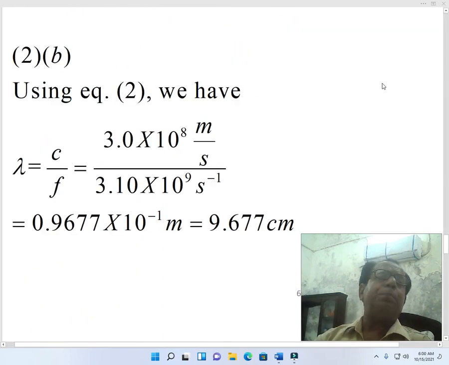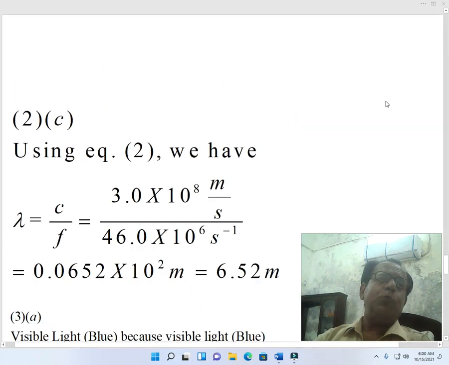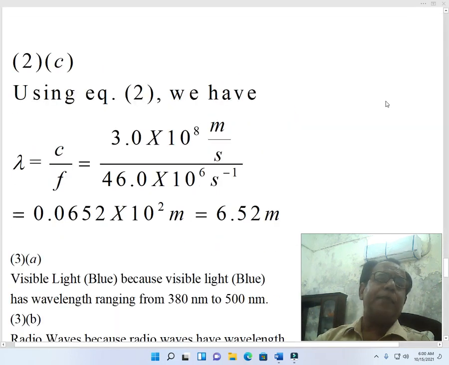However, part A of the second part is solved. Now we come towards part 2b, using equation number 2, in which the frequency is 3.10 into 10 raised to the power 9 per second, because here gigahertz is used, and in this way we get the value of wavelength lambda equal to 9.677 centimeter. Now we move on towards part C of the second part, again using equation 2.